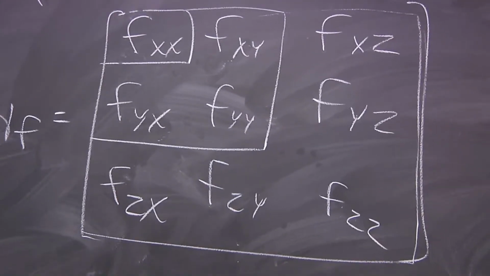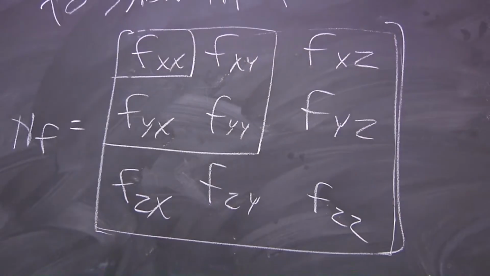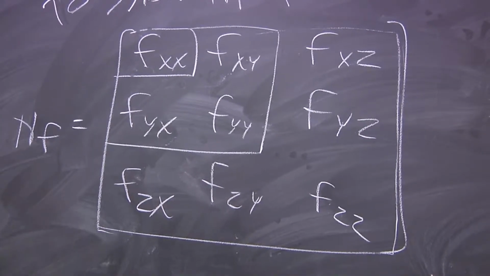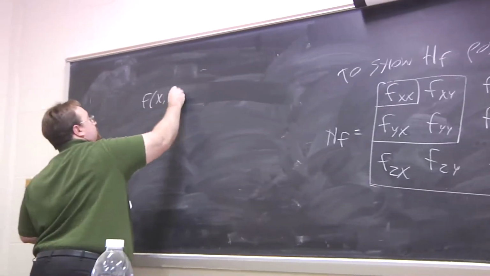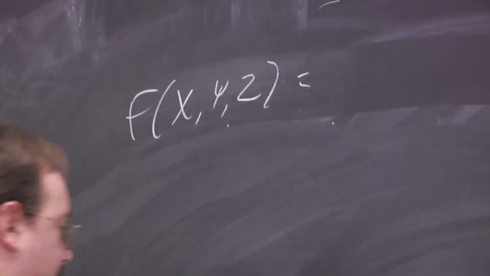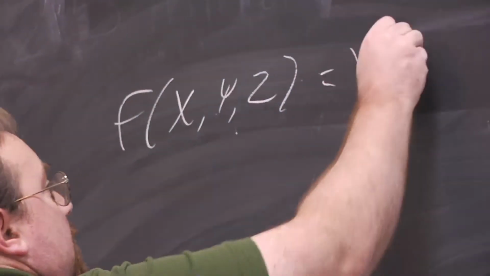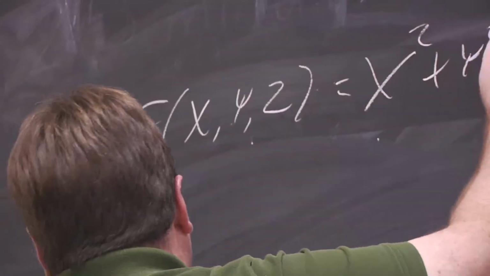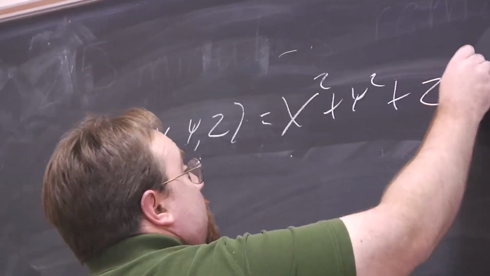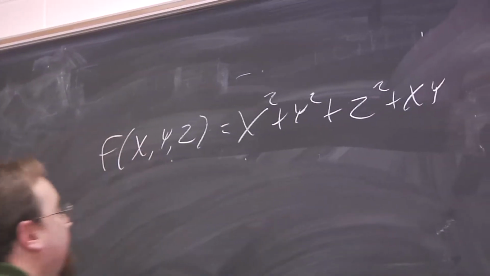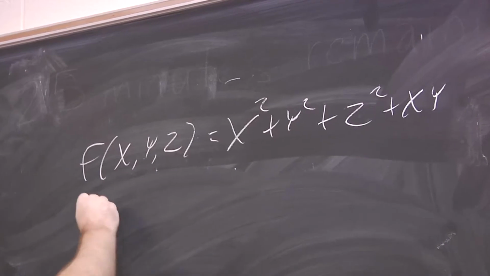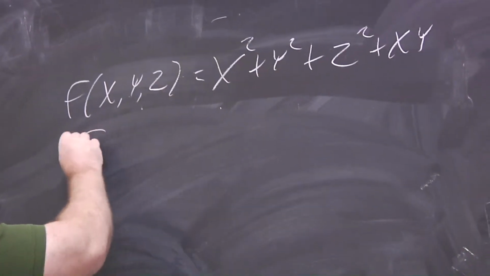And there's an example that's worked out in the notes. Three variables: x squared plus y squared plus z squared plus xy. Right. So then you need the second partial derivatives.